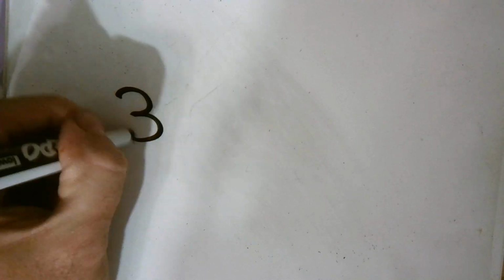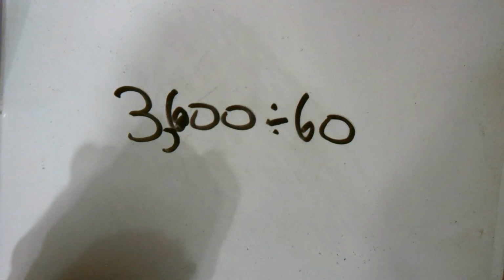Division, a little more tricky. So if I had an issue like, it might be a word problem that has to come down to, let's see, 33,600 divided by, say, 60.